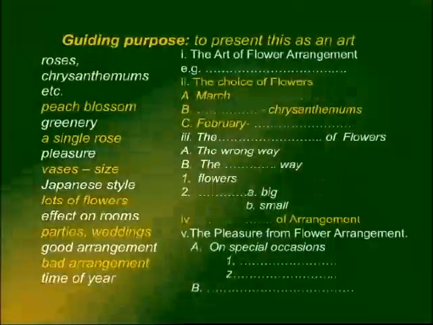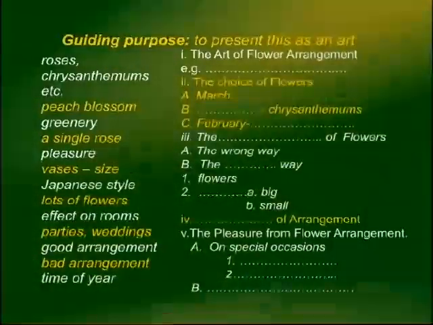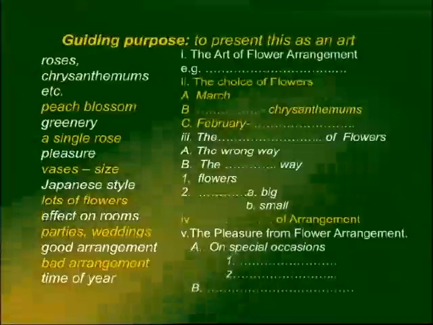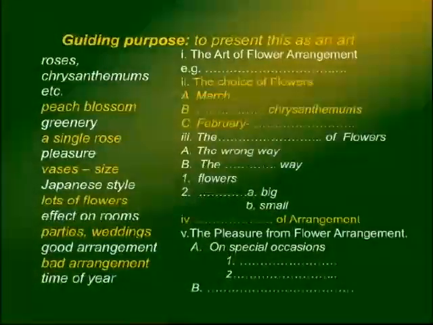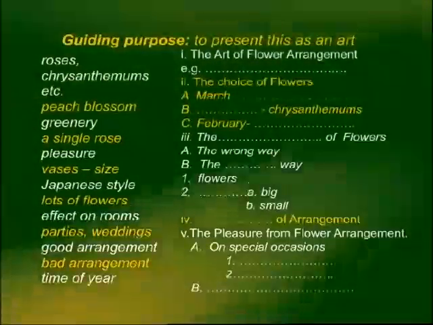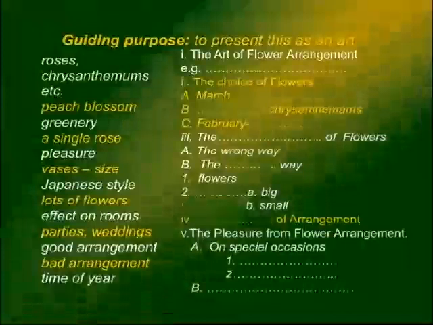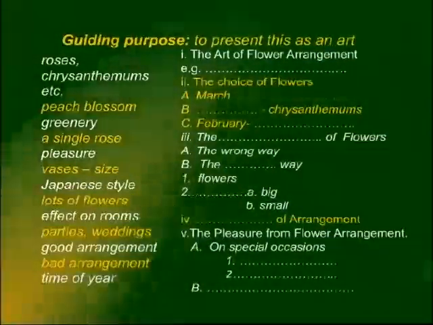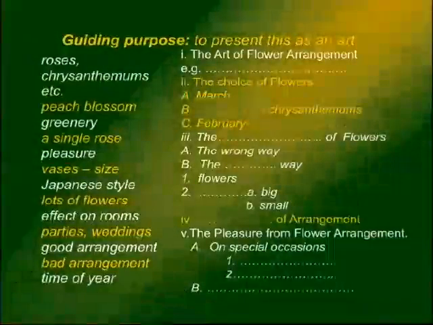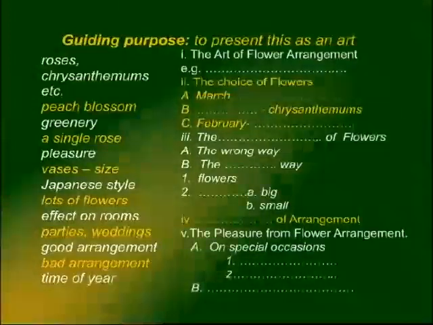You arrange them in vases, the sizes. Then there is the Japanese style of arranging flowers. Then you say, well, lots of flowers are involved. You need lots of flowers if you are presenting it as an art. You use flowers at weddings, at parties. How would you classify an arrangement of flowers as good?